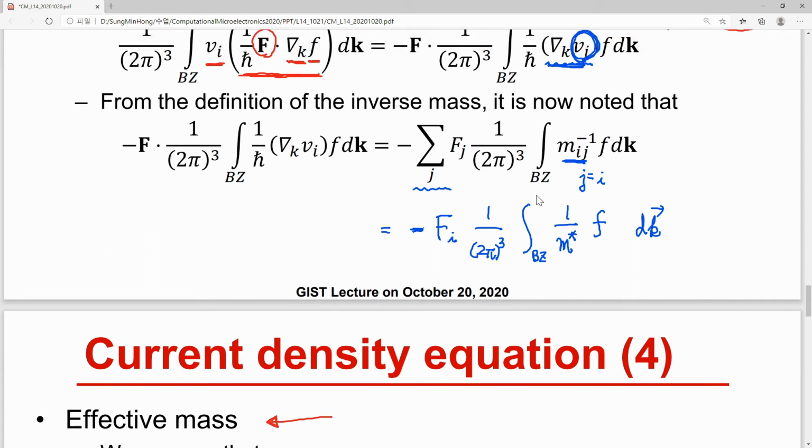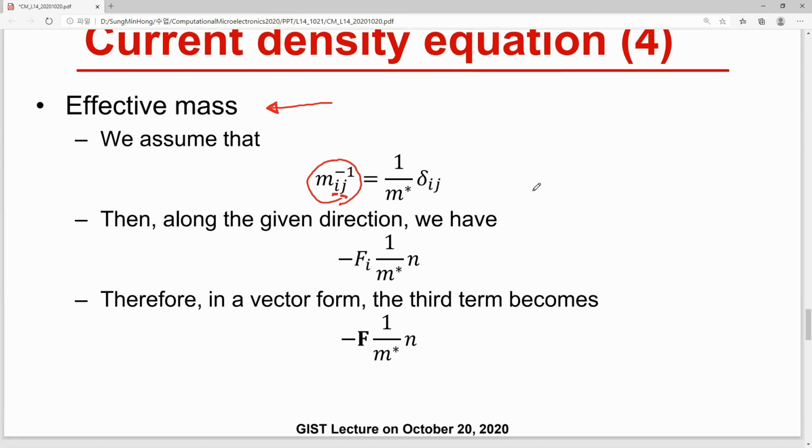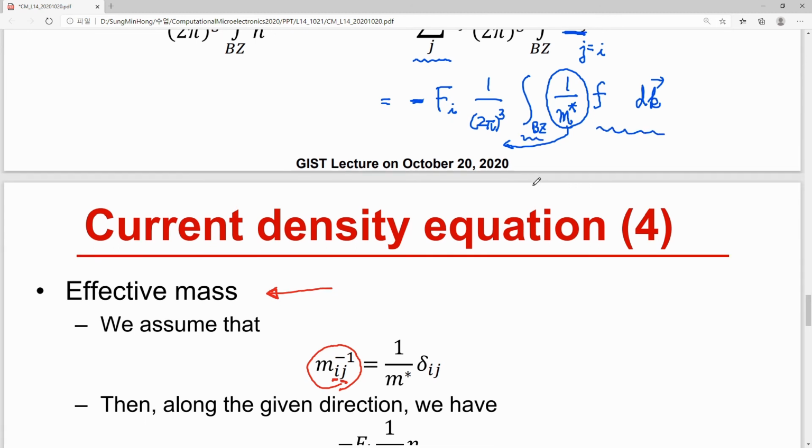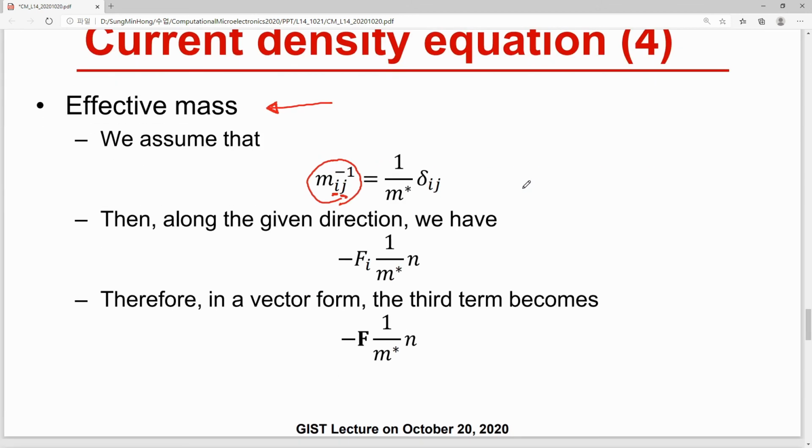Now this 1 over m star can be regarded as just a constant, so why don't we just put it outside? Then you will find that the remaining integration of f over the momentum space will give you just the electron density n.